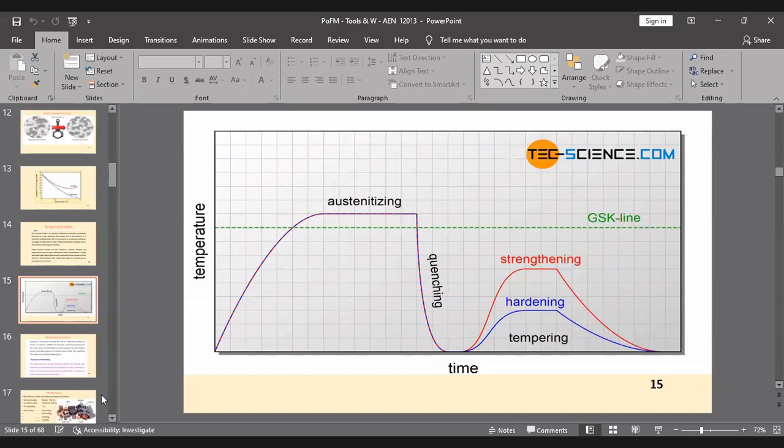You can increase temperature for a particular metal. That is extremely essential because increasing temperature may create different trouble. Therefore, we maintain carbon percentage level, temperature level, then time factor.